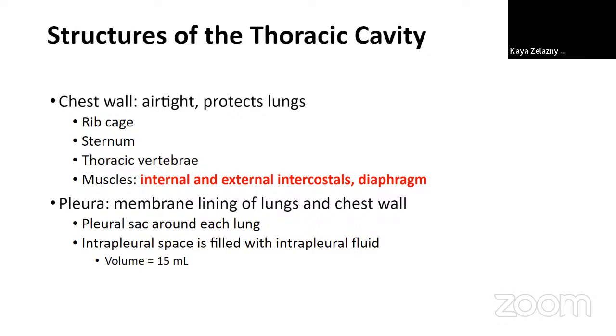We have a skeletal structure, so we have the rib cage and the sternum, as well as the thoracic vertebrae on the back. We also have muscles. So we'll have internal and external intercostals that we'll be interested in with respect to breathing. We also have the diaphragm, which we spoke about a little bit when we spoke about the cardiovascular system, but that's going to be the division between your thorax and your abdomen. So that's kind of like the floor of this area surrounding the lungs.